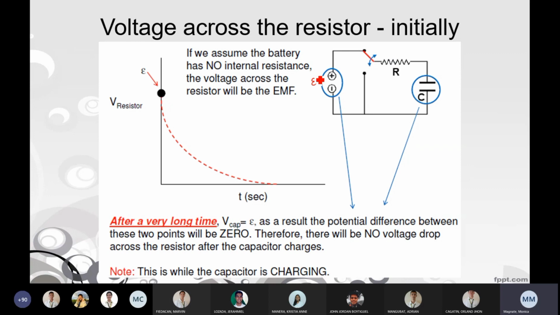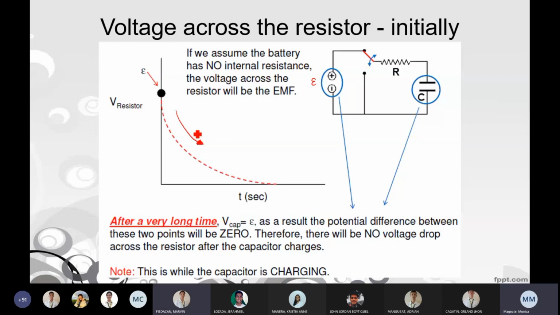But since our resistor is in series with the capacitor, after a very long time, yung voltage drop natin kay capacitor is mag-i-equal na siya sa EMF. So yung voltage drop natin ngayon kay resistor is pababa na siya. So, the result, the potential difference between these 2 points will be 0.